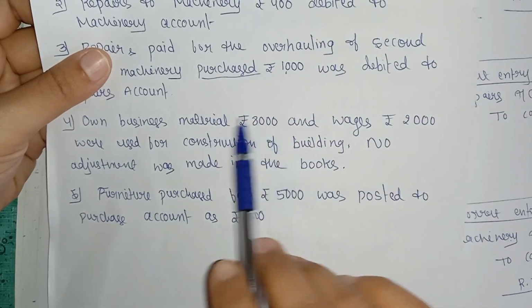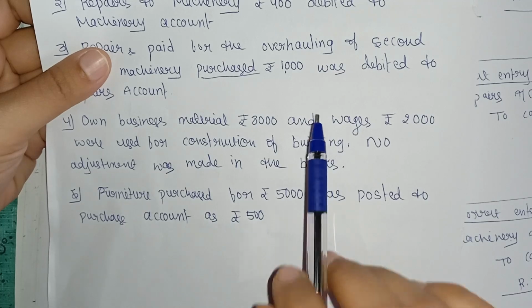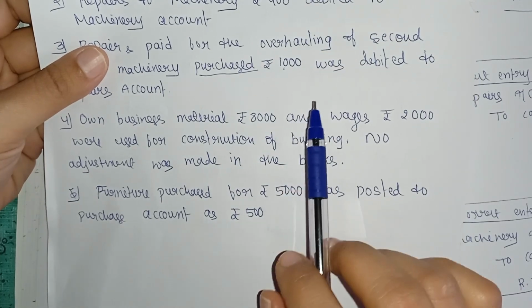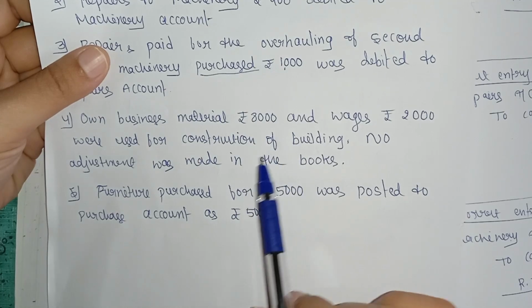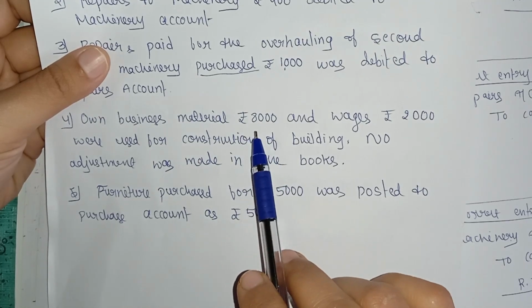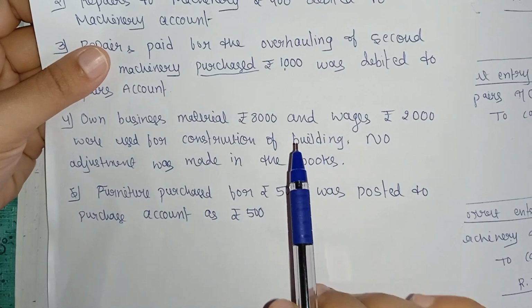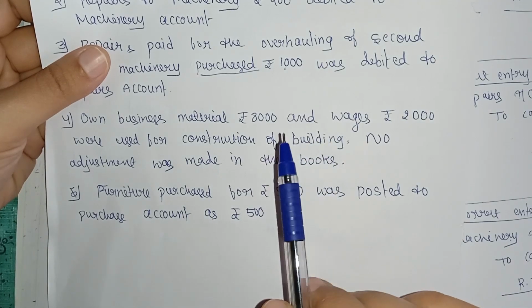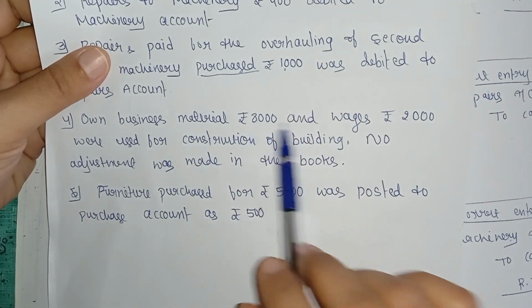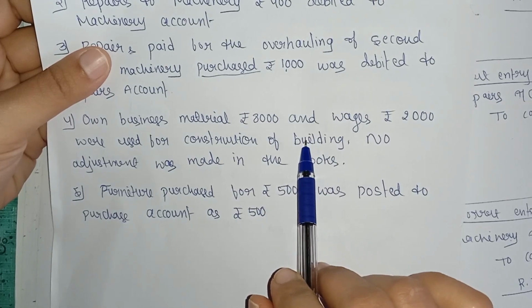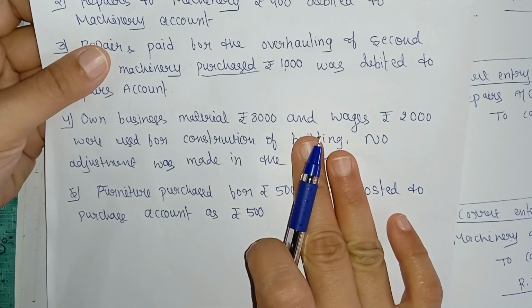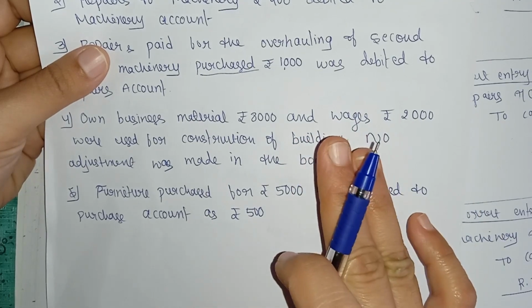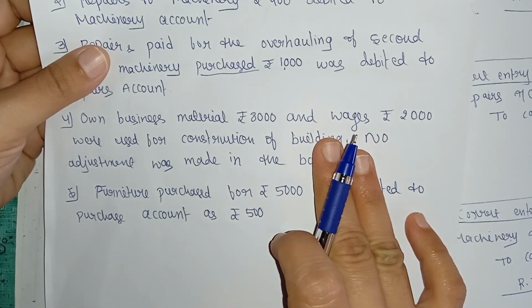We need to capitalize material and wages as a part of the building account, and instead of being treated as expenses, we should not treat material and wages as expenses. We have to capitalize them as a part of the building account. Fine. So since no adjustment was made, we need to rectify this transaction.